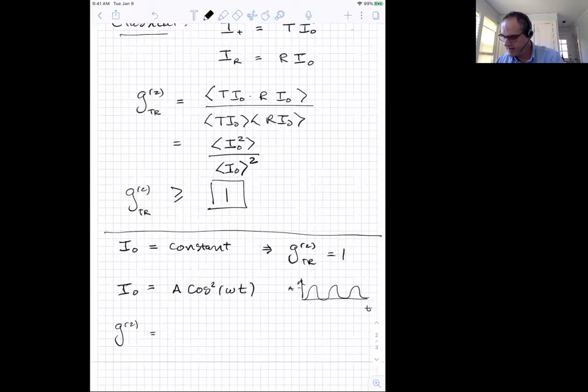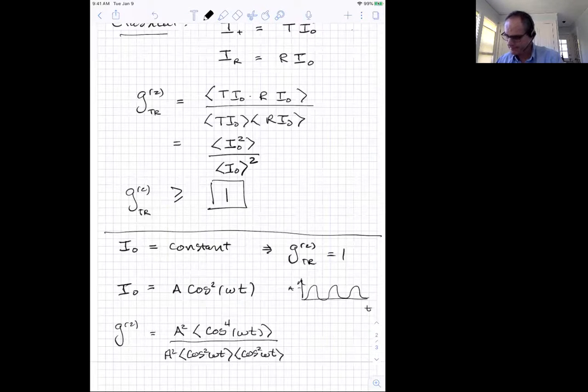Then G2 would be, well, it's going to end up being A squared times the average of cosine squared squared, divided by A squared times the average of cosine squared omega t times the average of that again.